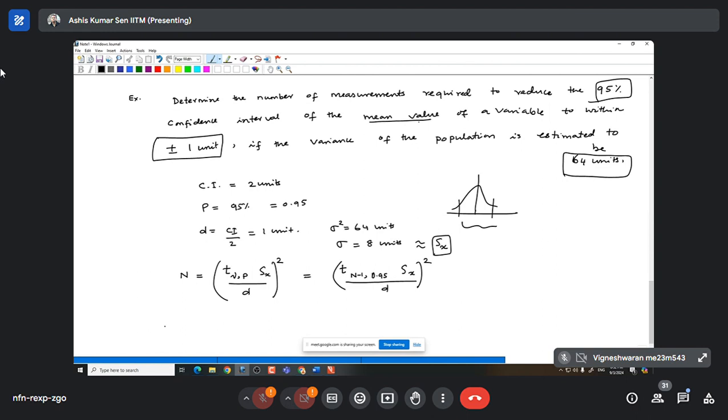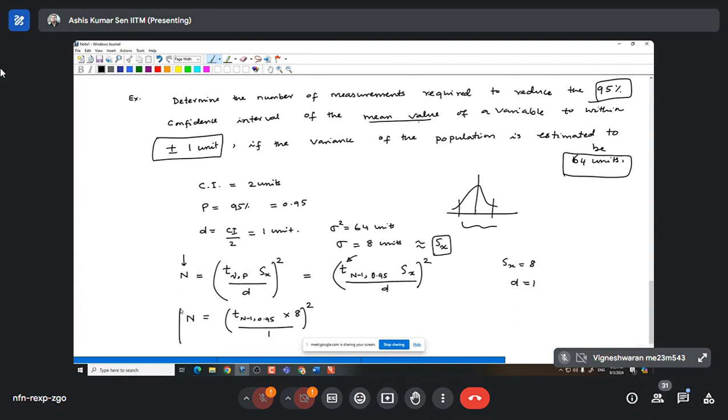Now, you do not know what n is, right? You want to find n. So for that reason, you do not know what t is. But you know that Sx is 8 and d is 1. So this is t of n minus 1, 0.95, into Sx, which is 8, divided by 1, square. So this is n.